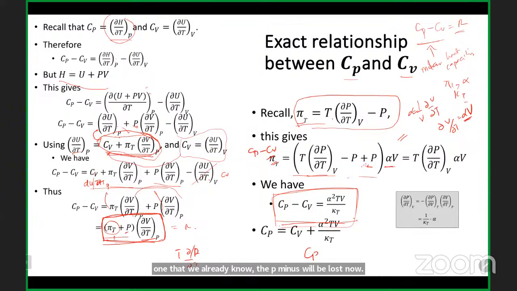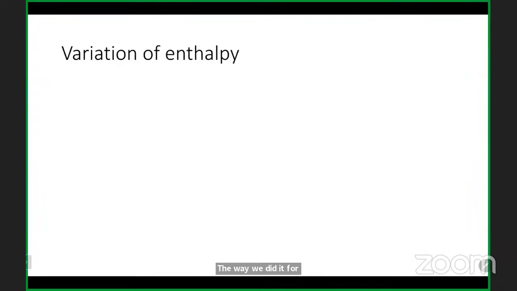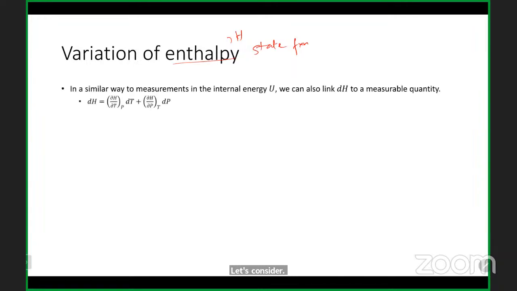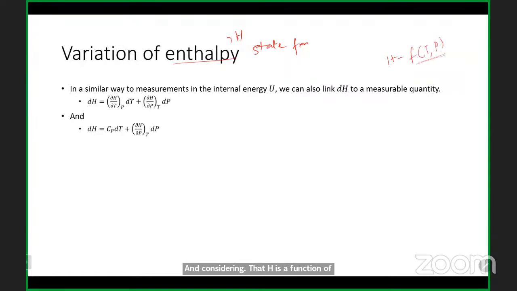The way we did it for internal energy, also a state function, let's consider enthalpy, considering that H is a function of T and P. Why are these ones convenient?